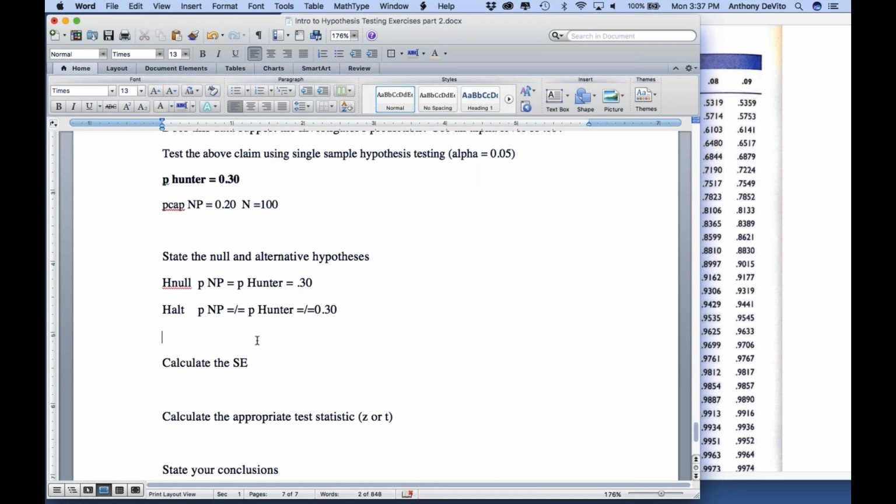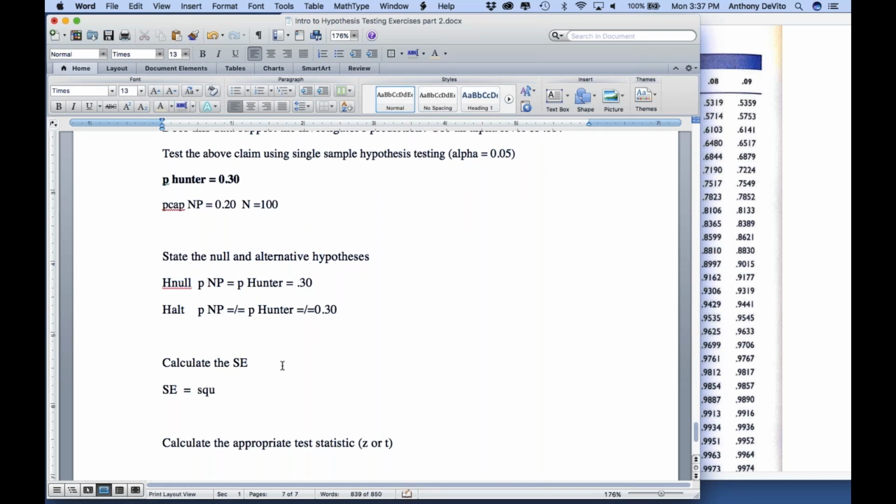Since I've stated my null and alternative hypothesis, I want to calculate my standard error. What's the variability here? What's my standard error going to be equal to? Remember the standard error for a proportion? I'm going to type in the formula, and you guys can do the actual calculation.